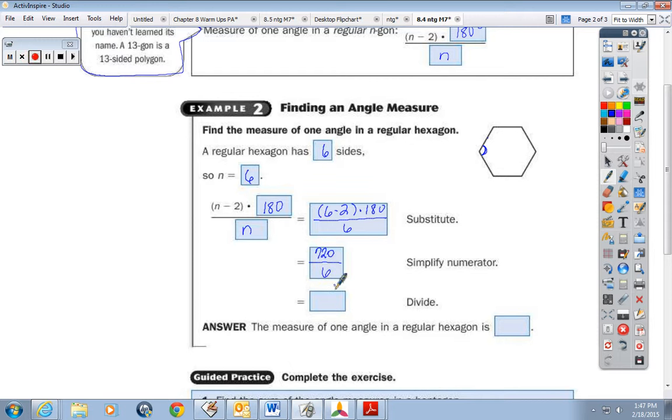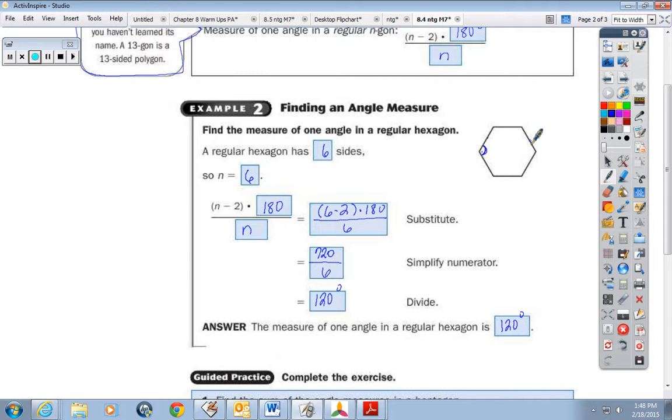Then when I take 720 and divide it by 6, I get 120. So one of these angle measures is 120. But if one of them is 120, the rest of them are 120, because this is a regular polygon. What do I know about a regular polygon? The side lengths are equal and the angles are equal.